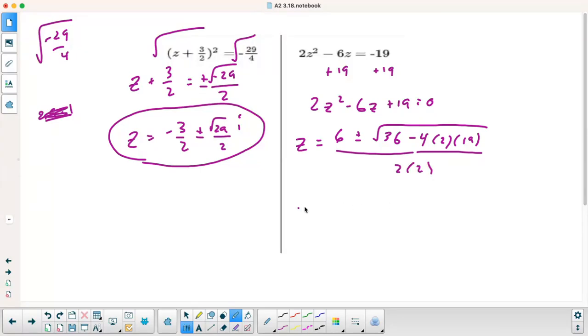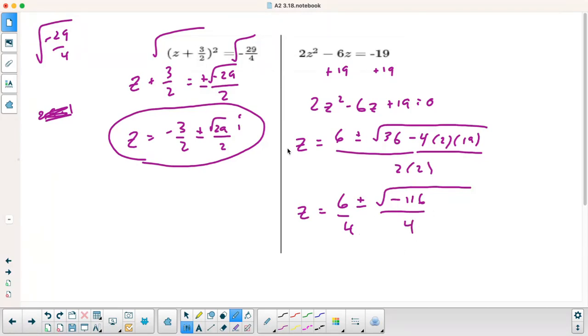So we get here, I get negative 116 all over 4. I'm going to split it up.